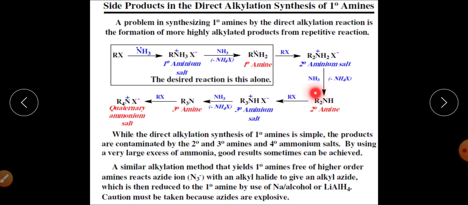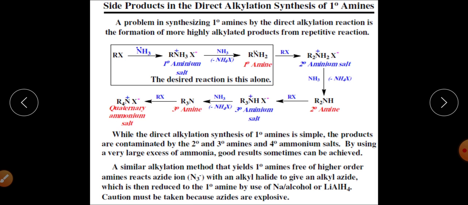Similarly, this secondary amine on further reaction with alkyl halide will get converted into a tertiary amine, and this tertiary amine on further reaction will get converted into a quaternary ammonium salt.